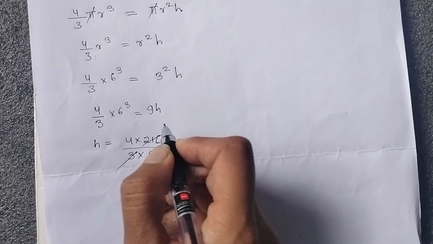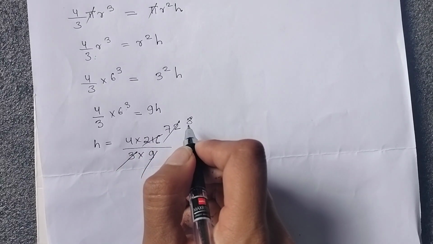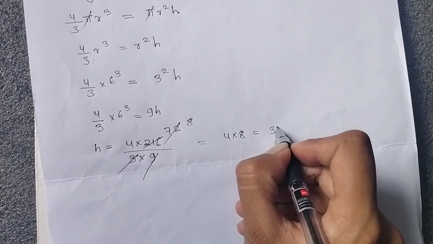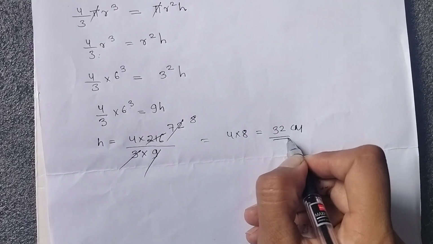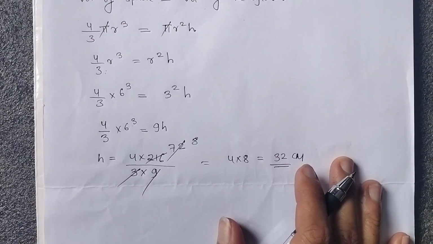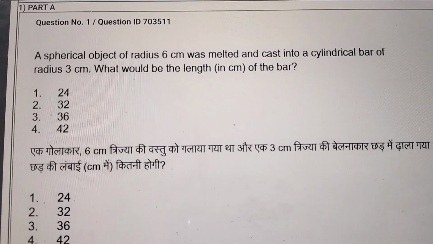When we solve this, we get 4 into 8, which is 32 centimeter. So height of the cylinder will be 32 centimeter. So it is given in option number 2, so option number 2 is your answer.